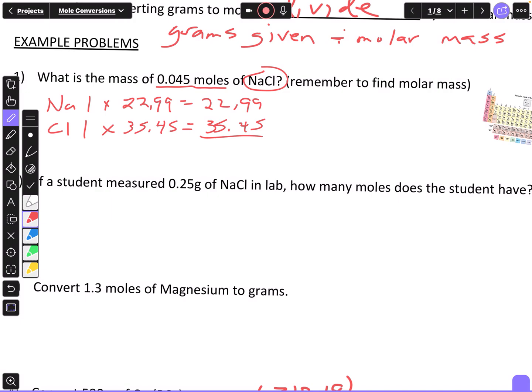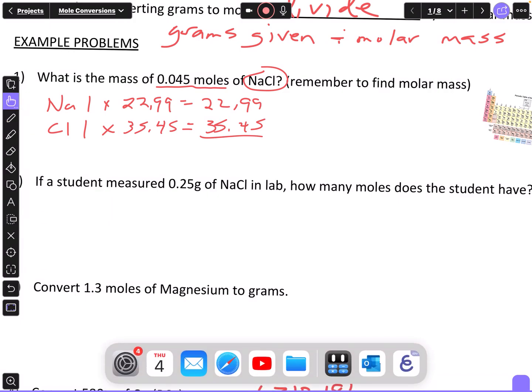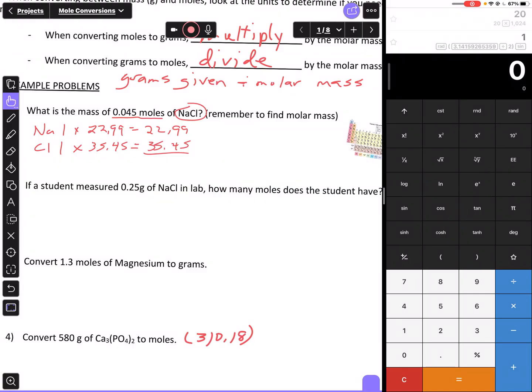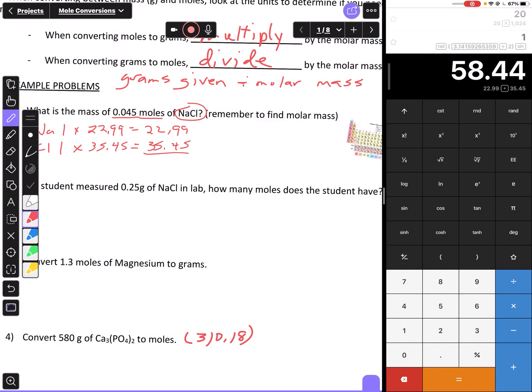Now I'm going to add that up to find my molar mass. And I get 58.44. And that's going to be grams per mole.